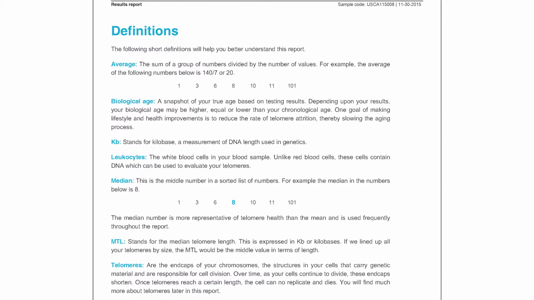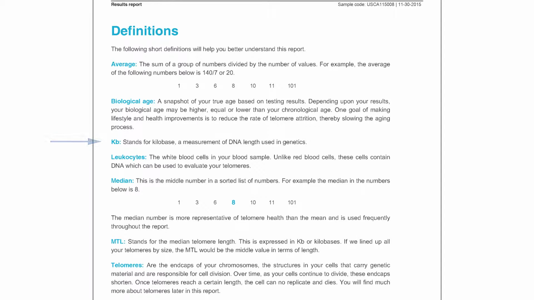On page 3, we've provided some basic definitions for the patient. Depending upon educational level, it may be helpful to highlight a few of the terms, specifically that we've measured their white blood cells, called leukocytes, and that these are a good reflection of total body aging. Telomere length is measured in kilobases or kbs.